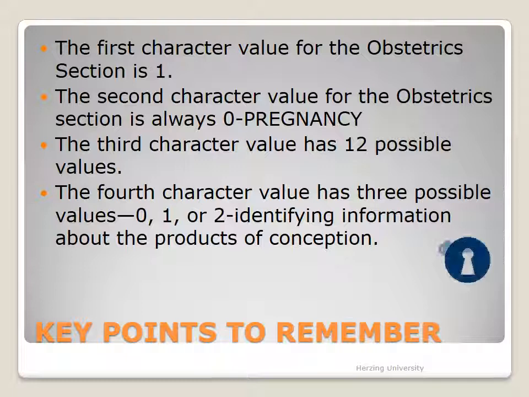So let's review. The first character value for obstetrics is always 1. The second character value for obstetrics is always 0 for pregnancy. The third character value has 12 possible values. The fourth character value has 3 possible values, 0, 1, or 2, and this identifies information about the product of conception.